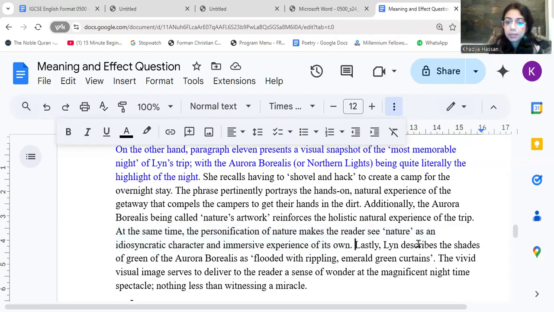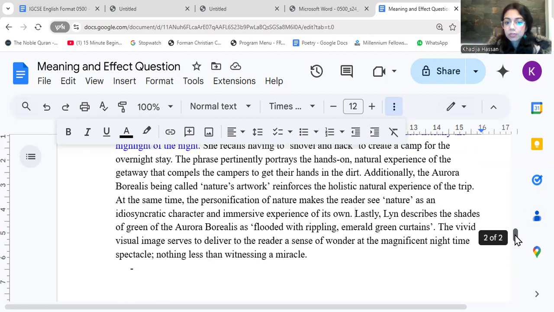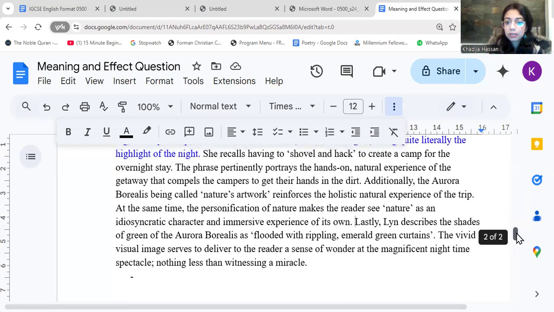Lastly, Lynn describes the shades of green of the aurora borealis as flooded with rippling emerald green curtains. The vivid visual image serves to deliver to the reader a sense of wonder at the magnificent nighttime spectacle, nothing less than witnessing a miracle. So again, this part is explicit meaning. What is she describing?